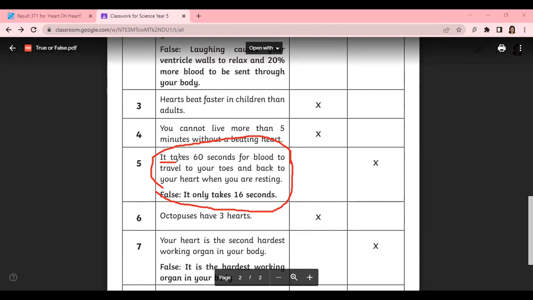Now, Aloysius, it takes 60 seconds. Can you read this? It takes 60 seconds for blood to travel to your toes and back to your heart when you are resting. Wow. Now, octopuses have 3 hearts.